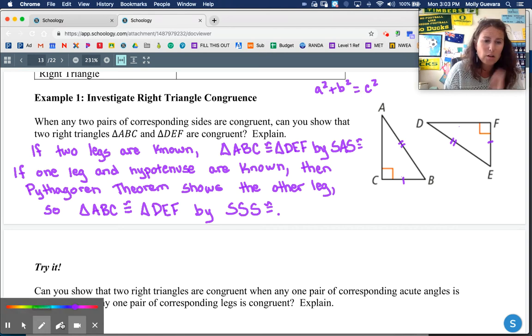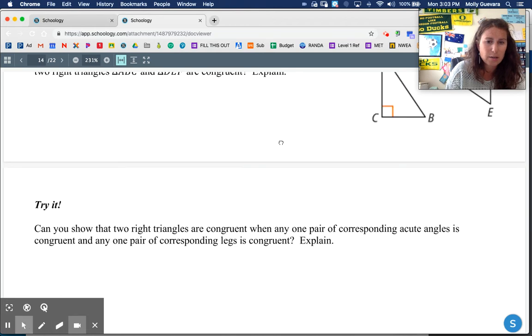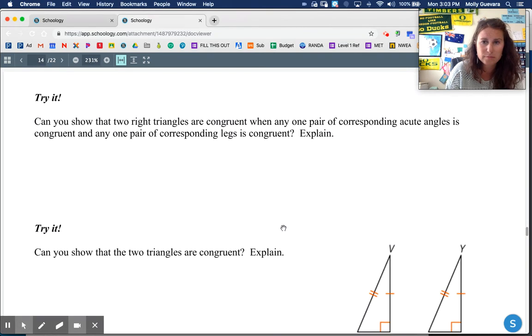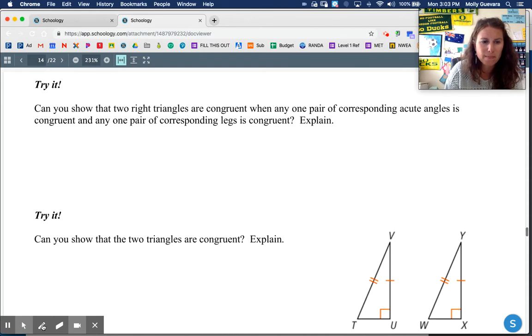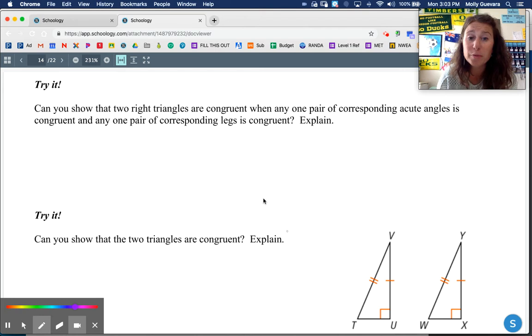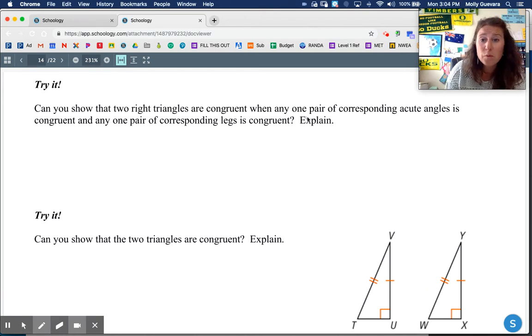Okay, so let's look at an example here. So this one says, can you show that two right triangles are congruent when any one pair of corresponding acute angles is congruent and any one pair of corresponding legs is congruent? So let's look.